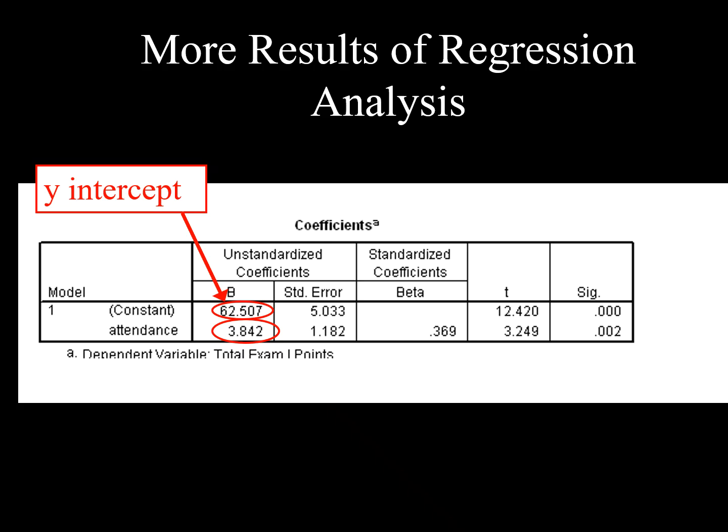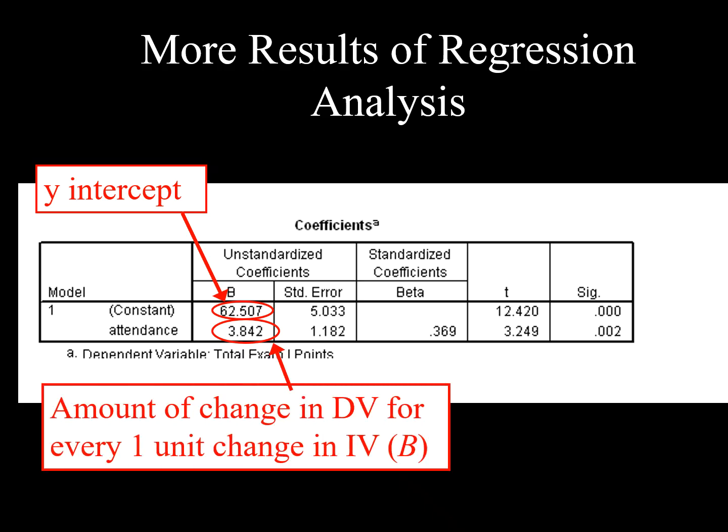The second number we get is the amount of change in the DV for every unit change in the IV. So remember that a 1 unit change in the IV is 1 day of attendance. And what this is telling us is that for each day of attendance, test score is predicted to go up 3.842. So for instance, just right off the bat, we can use this data to ask, what if someone only attended once versus someone that attended 0 times?